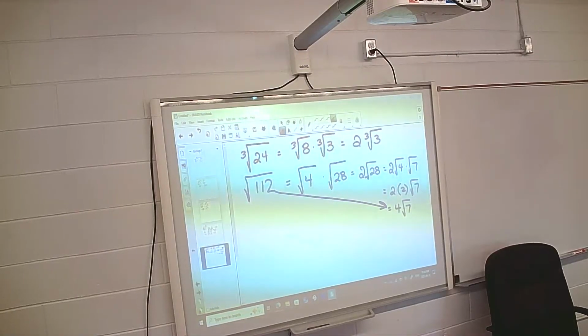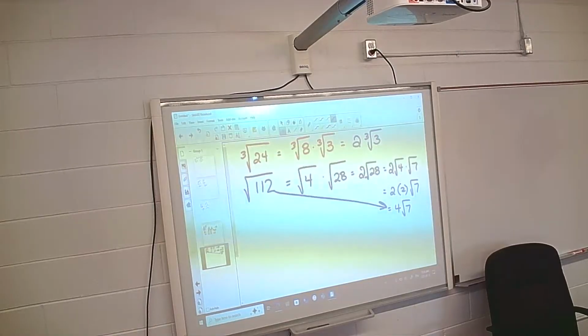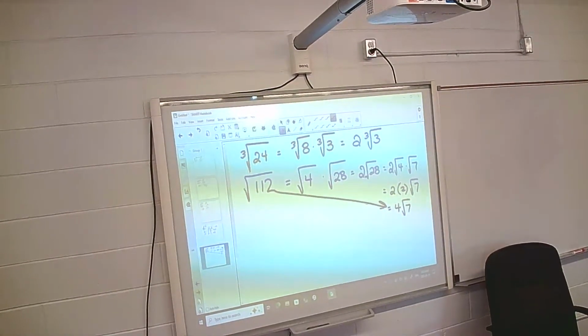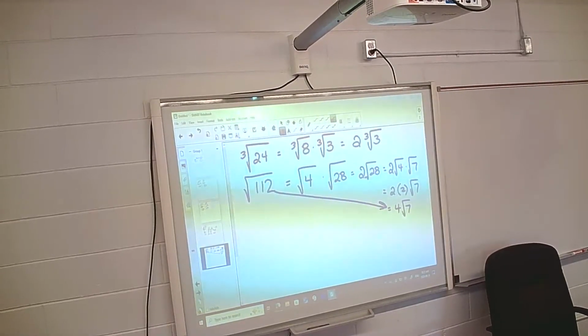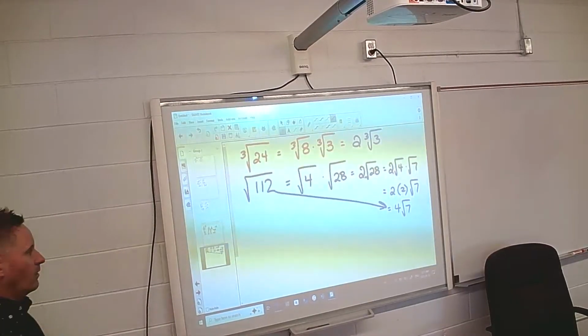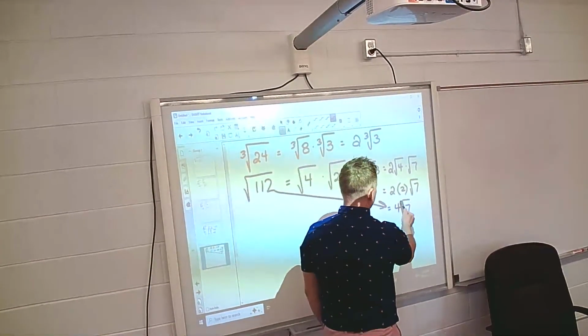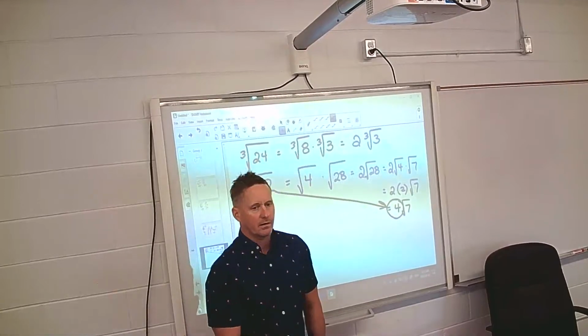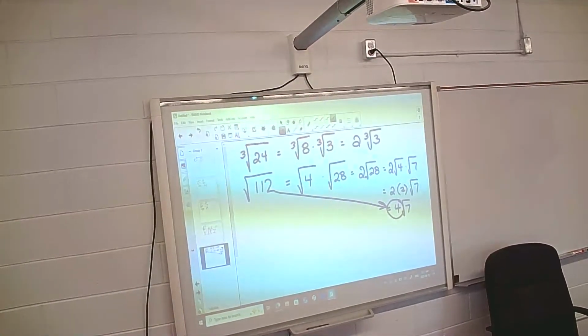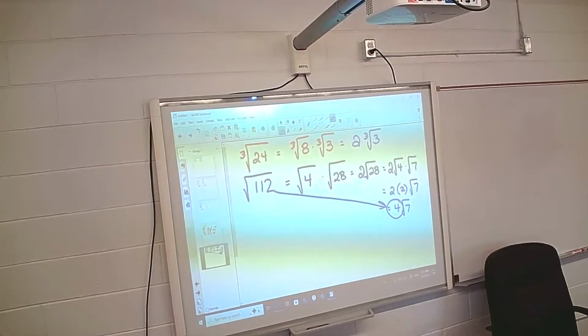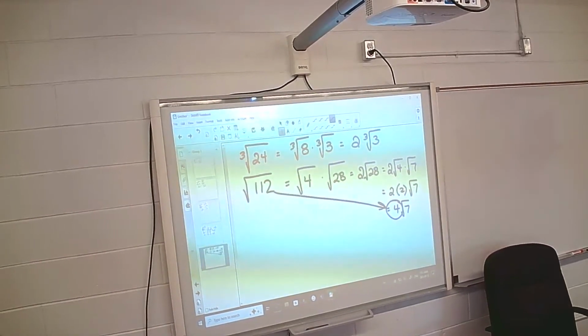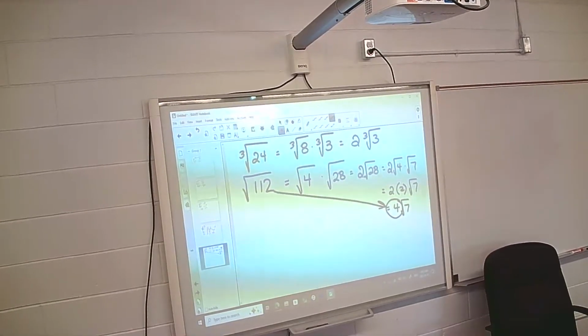That number in front should indicate what it is. 16 was the largest one. I could have guessed and checked that using my list, or when I look at this, I could have said, what is 4 squared? It's 16. So therefore, 16 times 7 should give me 112. That's the way to do it.